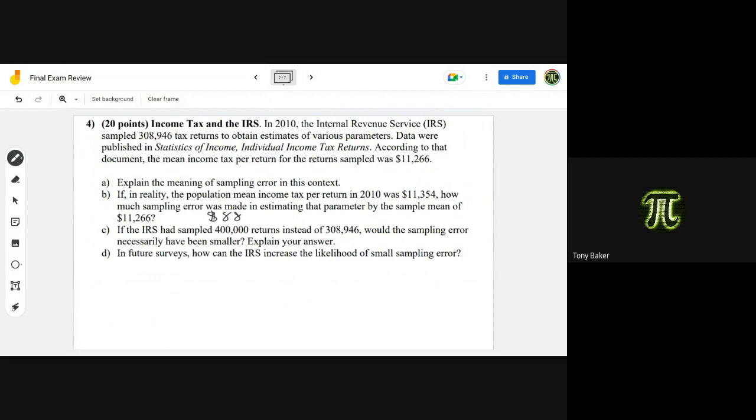All right, and again, like I said, there's a lot of different ways that you can write the answer for this question. The only one that actually has a specific answer would be question B in this case, which is $88. The rest of them, it's just a matter of how would you explain sampling error.